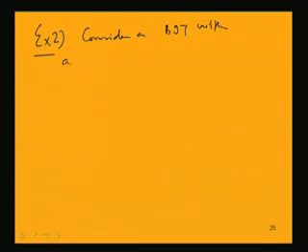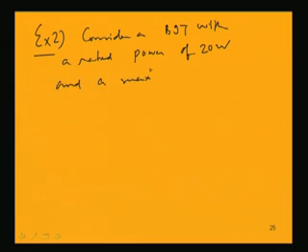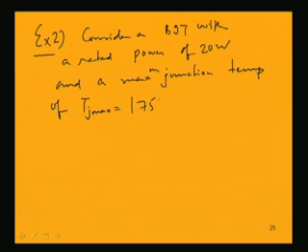And similarly, if we consider a BJT with rated power of 20 watts and a maximum junction temperature of Tj max equal to 175 degrees centigrade.